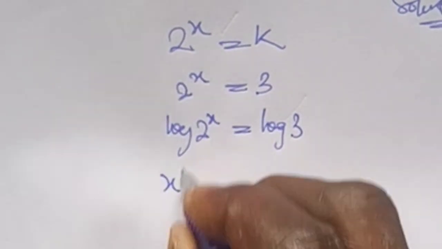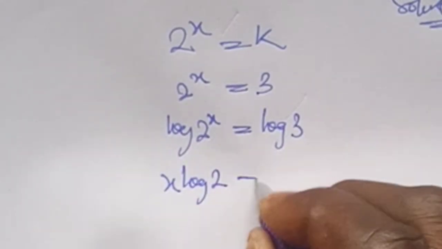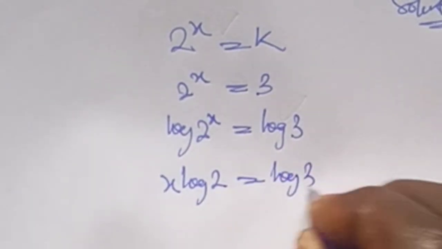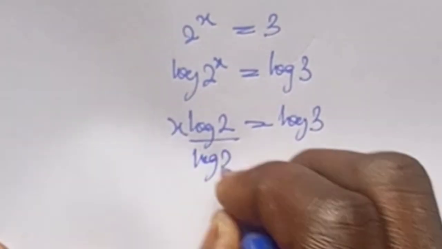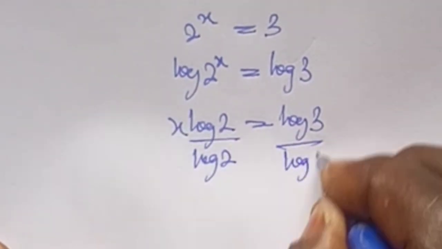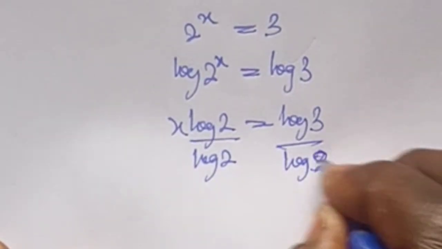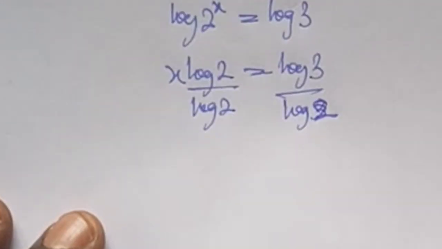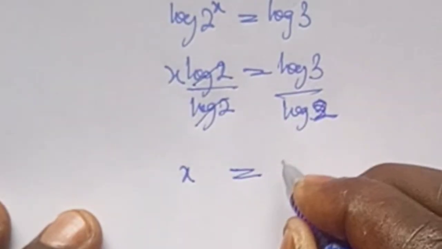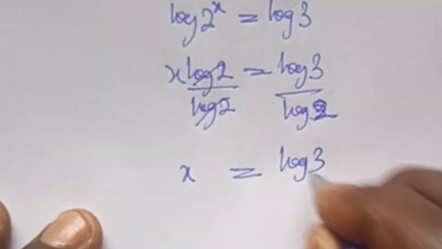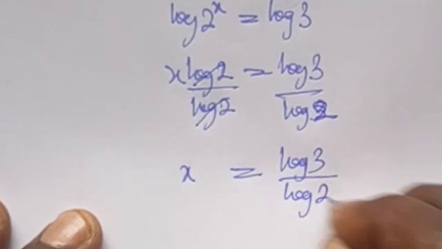So that x log 2 will be equal to log 3. We're going to divide both sides by the coefficient of x, which is log 2, over log 2. And here, log 2 will cancel out. What is left is x is equal to log 3 over log 2.